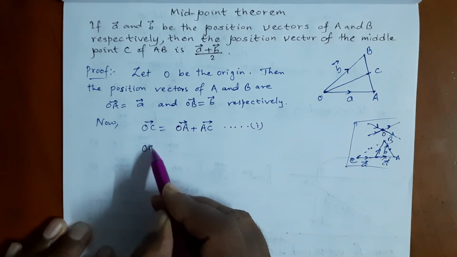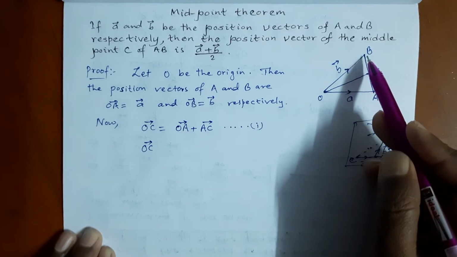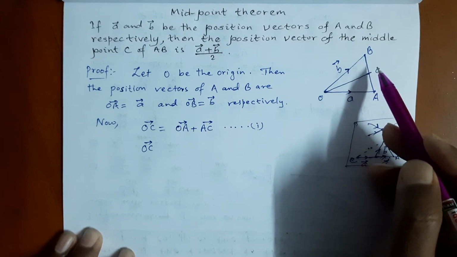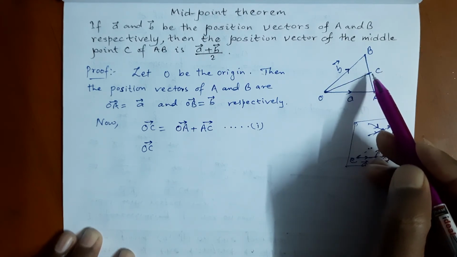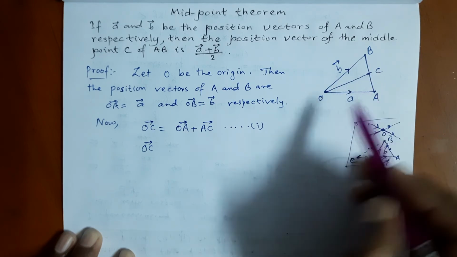Similarly, if you take this triangle OCB and use the triangle law, then you will get OC equals OB plus BC.